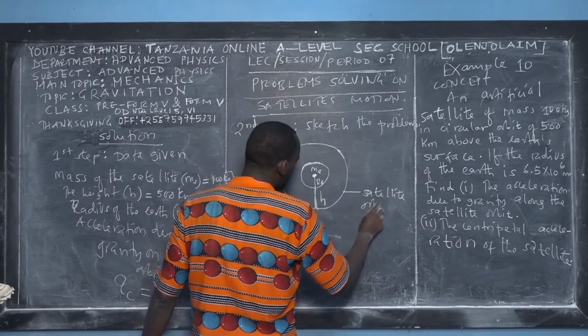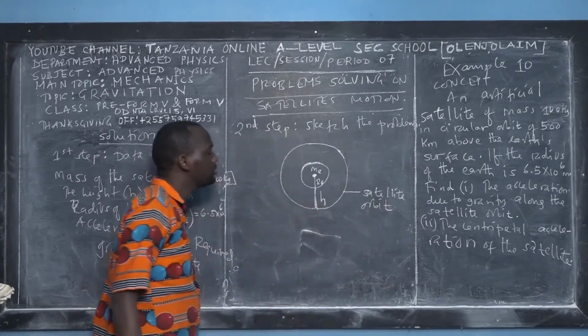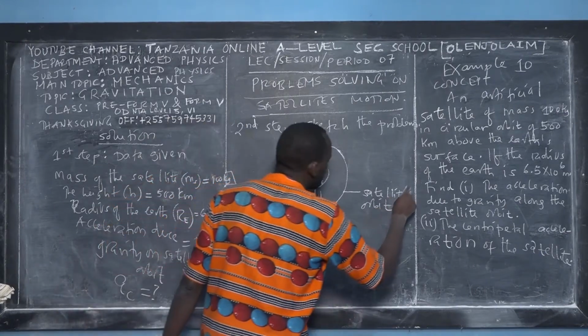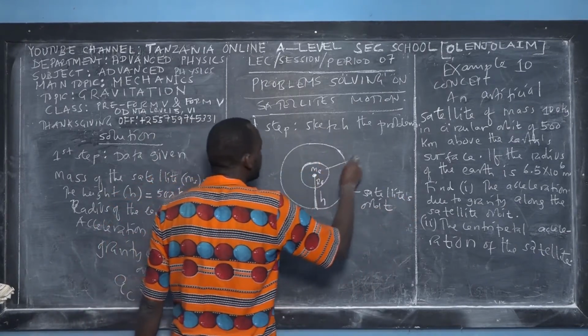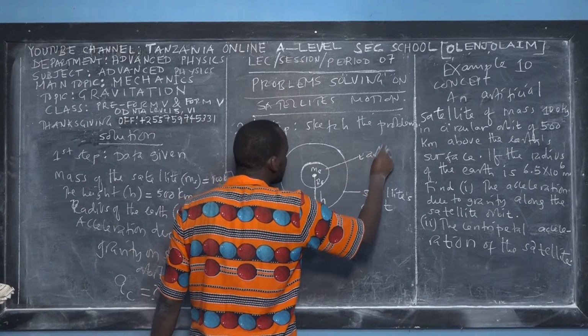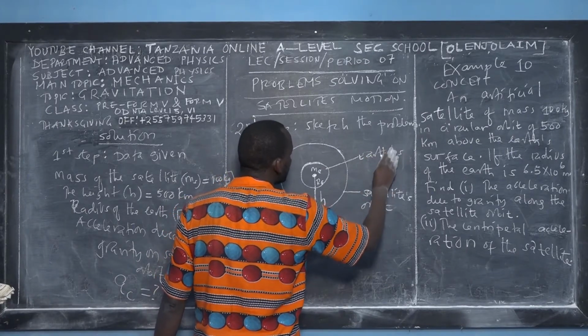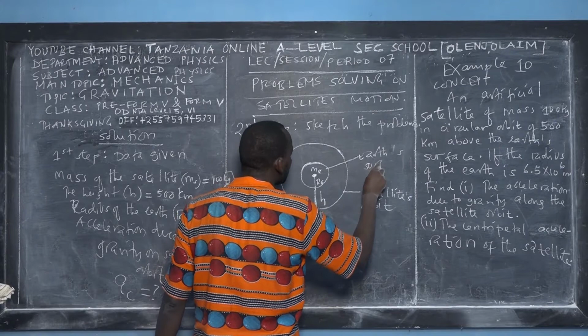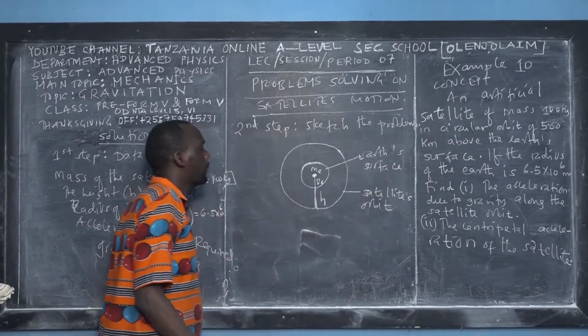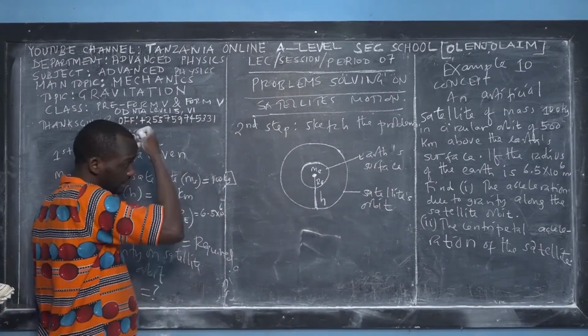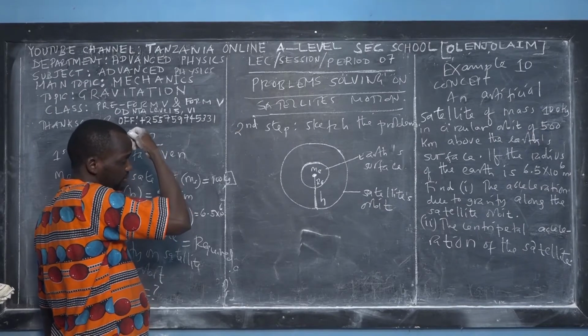It might be a parking orbit, might be another orbit. And this is what we call the Earth's surface.